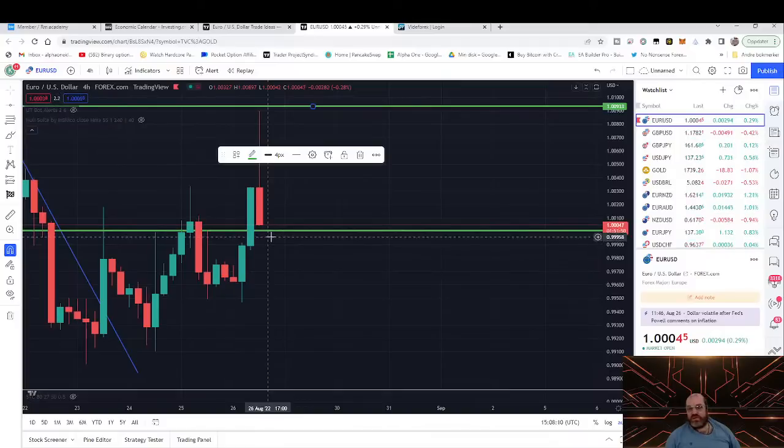Right now we cannot trade this pair before we get an indication of what the market wants. If the market will break directly through this support and go downwards again, or if we then will continue upwards. As you can see right now we are exactly almost 1-to-1, euro and dollar.